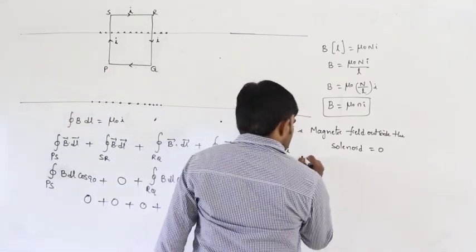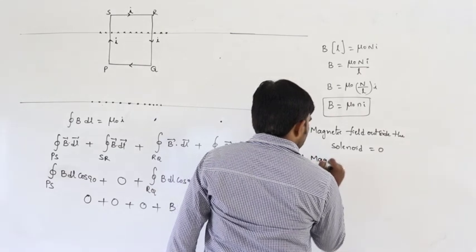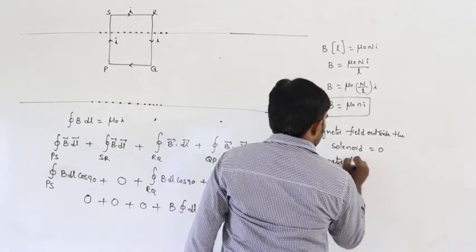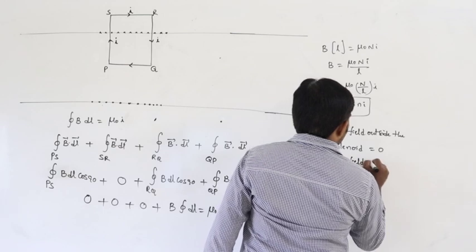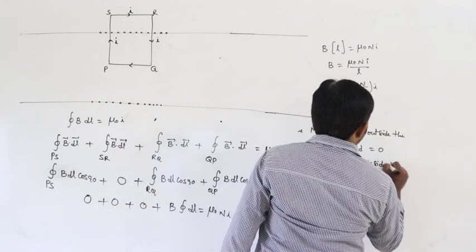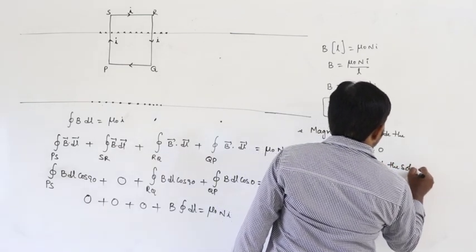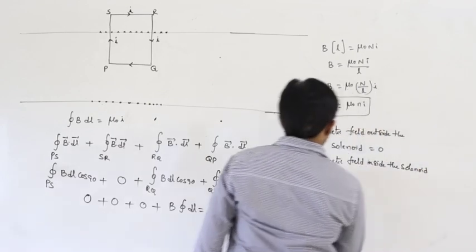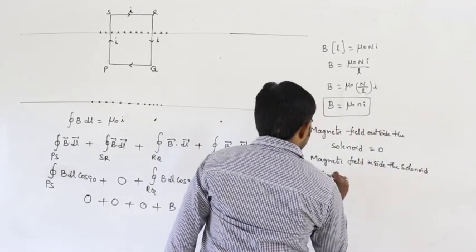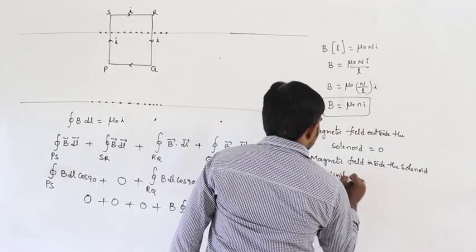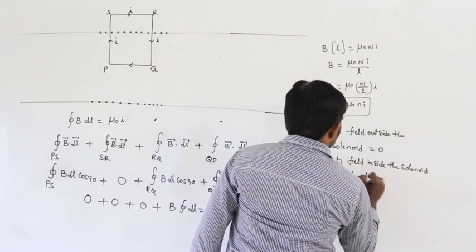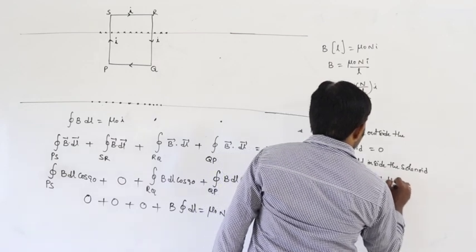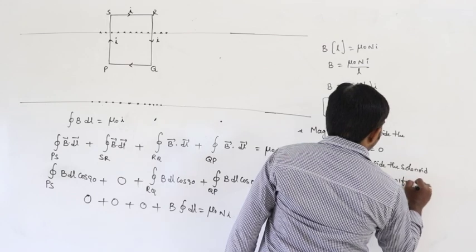But the magnetic field inside the solenoid of infinite length, an almost uniform magnetic field exists.